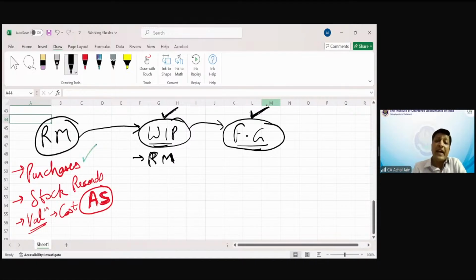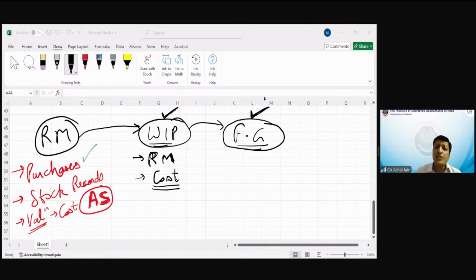But over and above that, there are various costs which are added to the costs of the inventory. Can you name some of those cost components which are added to the cost of the inventory? Over to you. Tell me quickly.